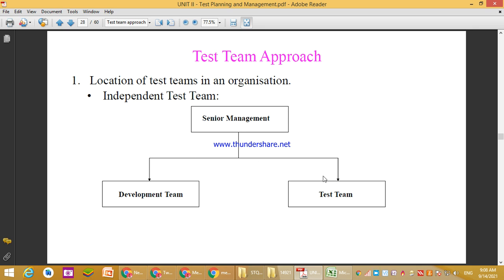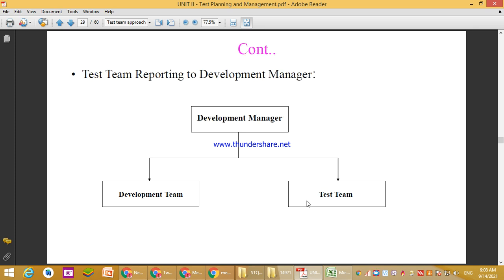Through this block diagram we can easily understand that if the company is following the normal structure of organizational behavior, then in that case the test team of that particular industry is different. Then next, test team reporting to the development manager.